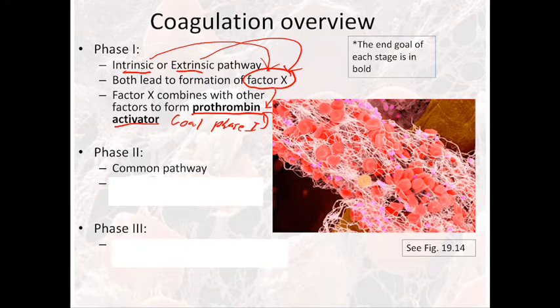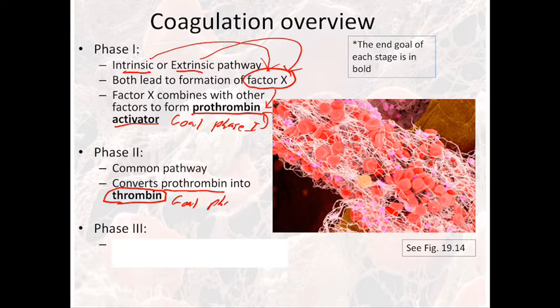So that's phase 1. Phase 2 is the same, no matter what. There's not 2 different pathways. That was only in phase 1, and the big step in phase 2 is that prothrombin is converted into thrombin. So thrombin is the goal of phase 2.